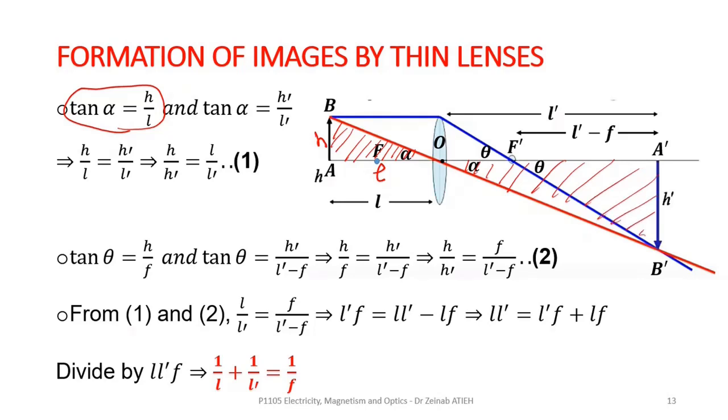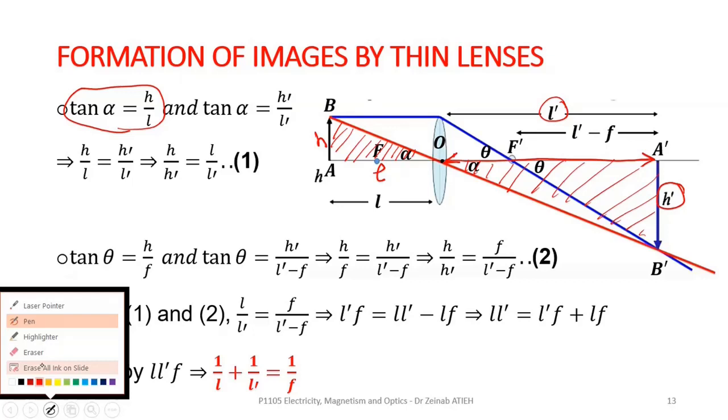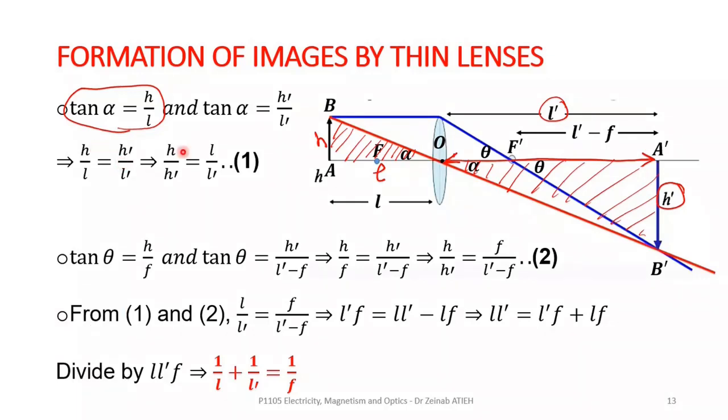So it's simply H prime over this distance, which is L prime. So from here to here, all of this is L prime. So this is L prime. Equating tangent alpha with tangent alpha, we will get H over L equals H prime over L prime. So I'm writing here. So just do a certain flip and you will get H over H prime equals L over L prime. This is equation 1.